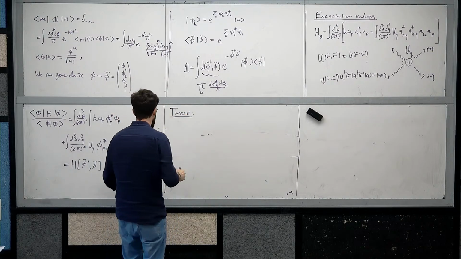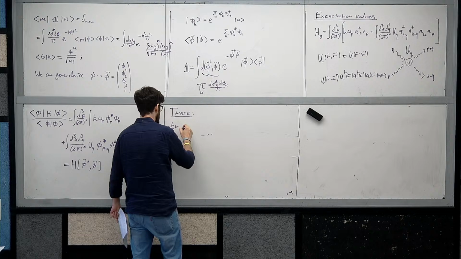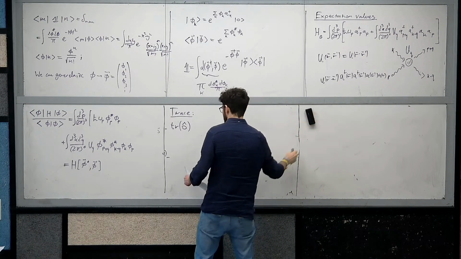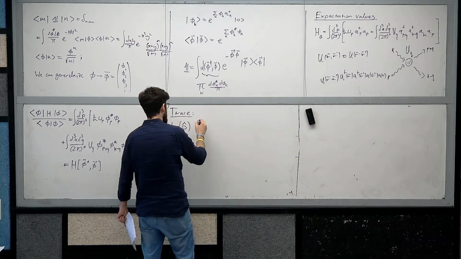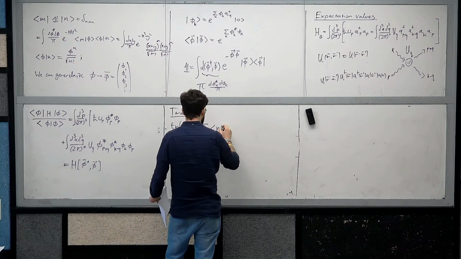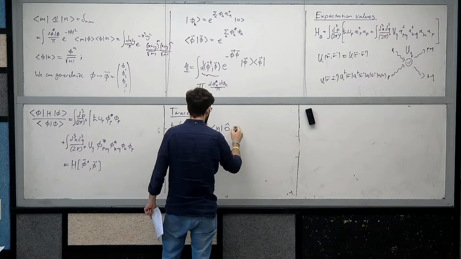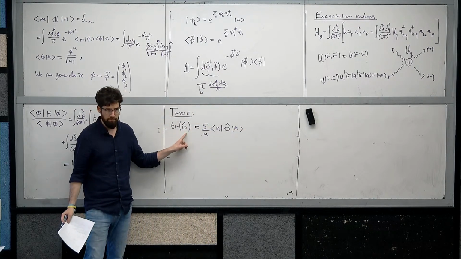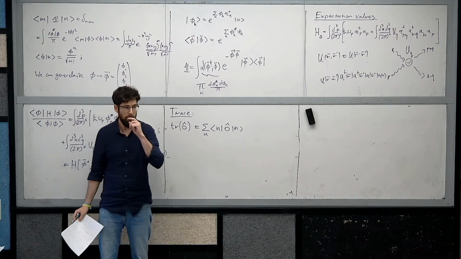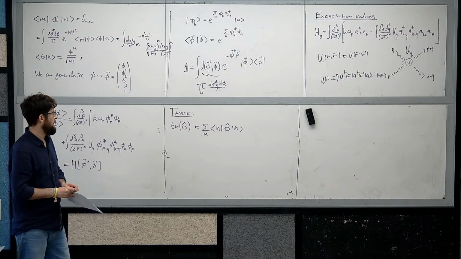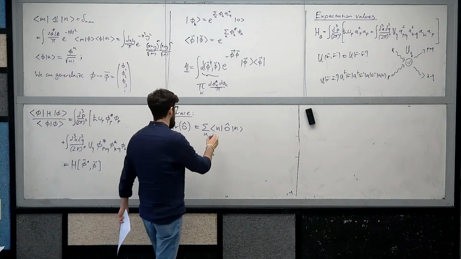So if I want to take a trace of some generic operator O, then by definition this thing is a sum over n. O is some generic quantum operator, and I want to compute its trace. You'll see in a moment why. Okay, and n is some complete basis.